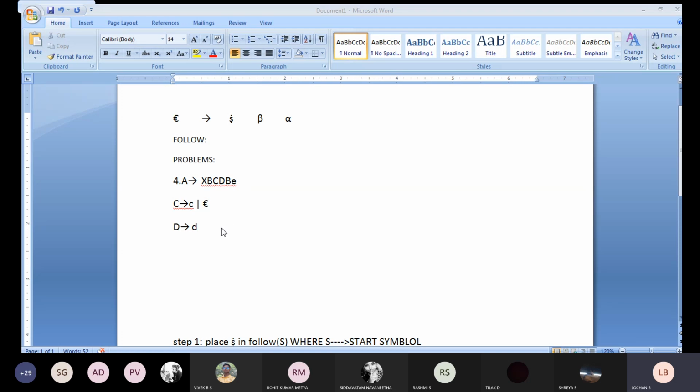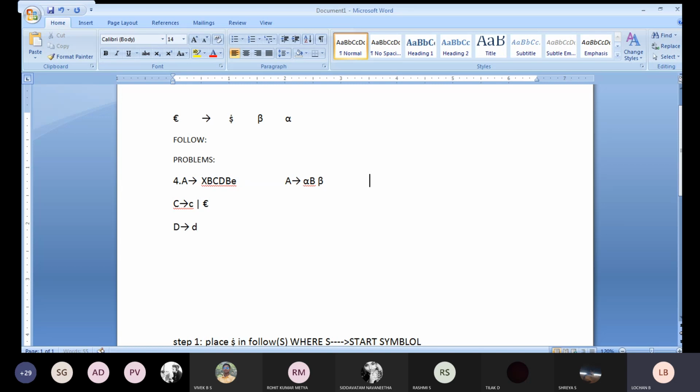Once you copied, you just inform me. We will move to the solution. Don't write anything, just observe here. Everyone observe here. If you see the question, you will be getting A implies XBCDBE. First we will be calculating the form of A implies alpha beta.